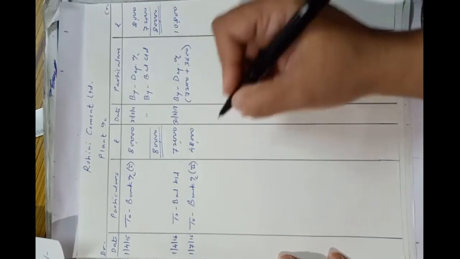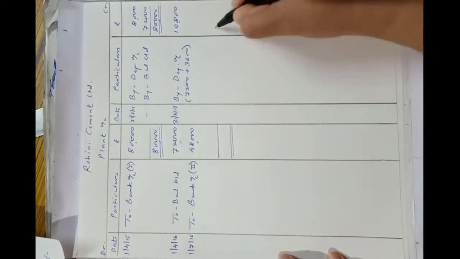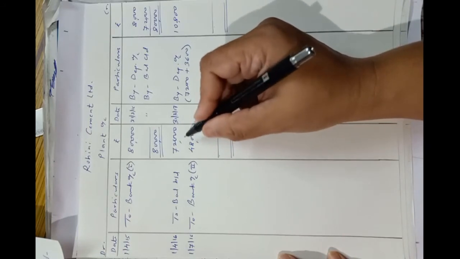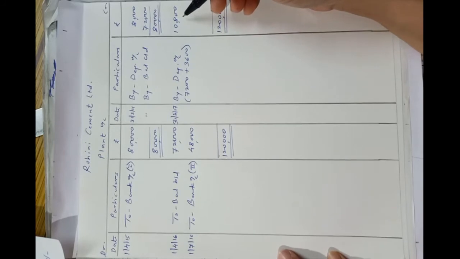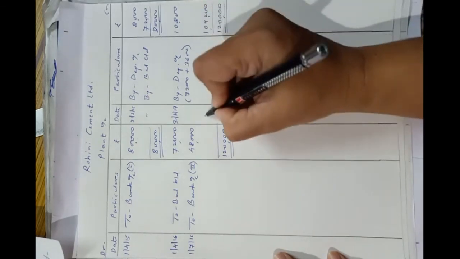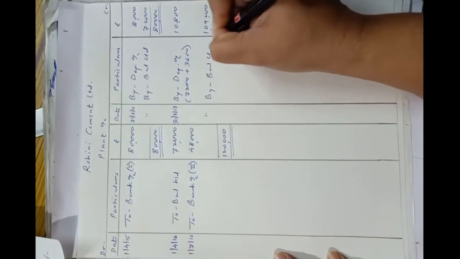Understood? Now we will tally the account for this year, because this year there is no sale. 72,000 plus 48,000 will be 1,20,000. 1,20,000 minus 10,800, so it will be 1,09,200, on 31st March 17 by balance carried down.